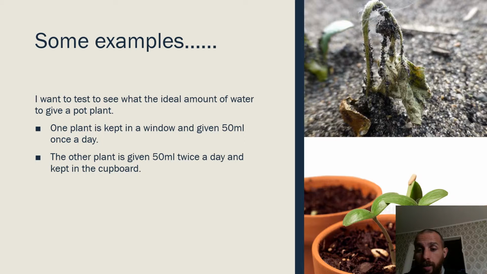It's a silly example, but here we'll go with another one. Okay, so in this case, again, I'm trying to find out the ideal amount of water to give to a plant. One plant is kept in a window and given 50 mils of water a day, and the other plant is given 50 mils twice a day, but kept in a cupboard. So we've changed the amount of water, so that's good, but we've put other variables in place, as in the location.